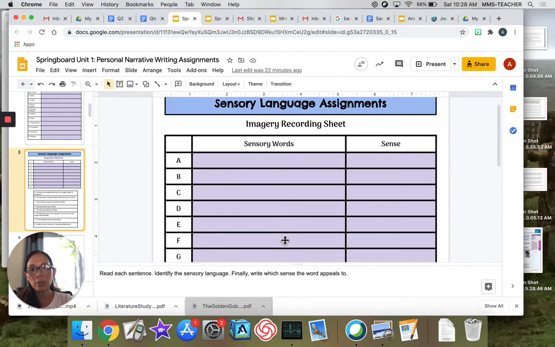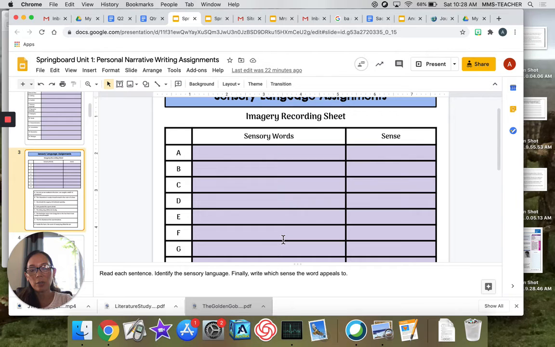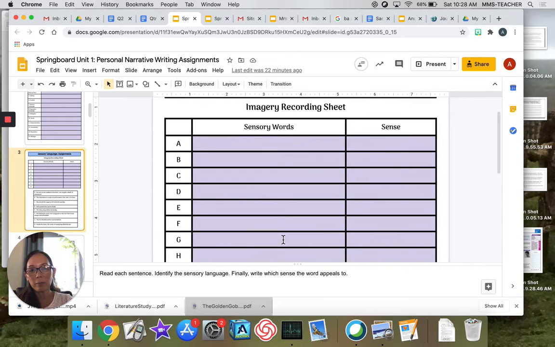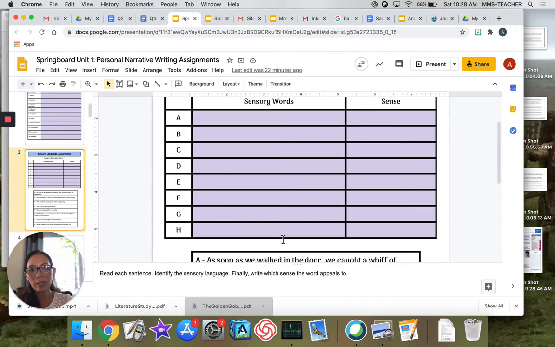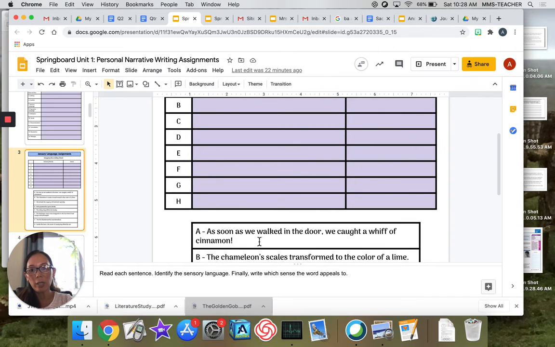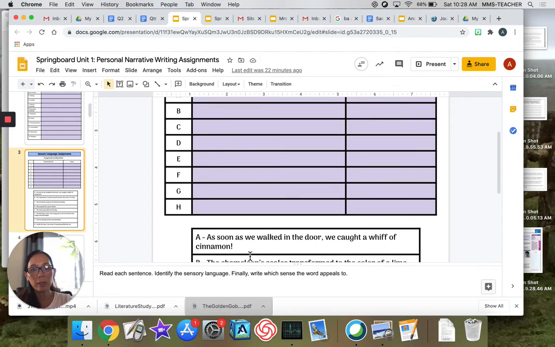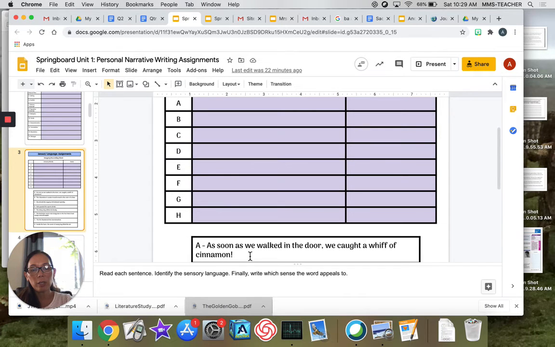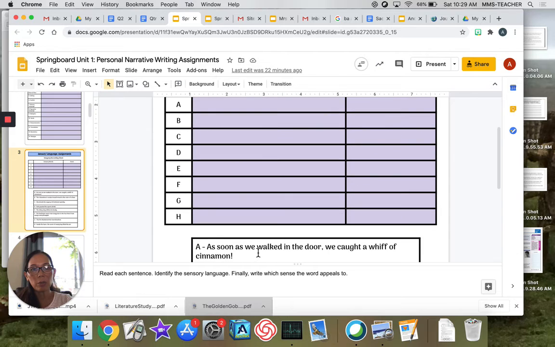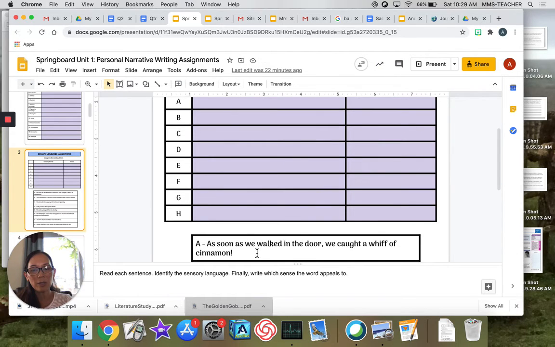So you're going to do the same thing that we did in our first task card on the resources slide. Okay, so you're going to read A. As soon as we walked in the door, we caught a whiff of cinnamon. So which word in sentence A is a sensory word, and what sense does it appeal to?